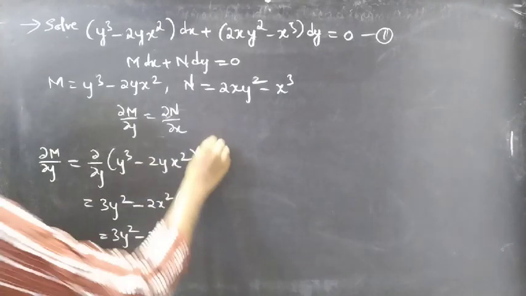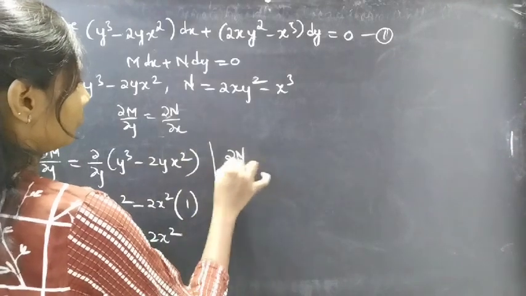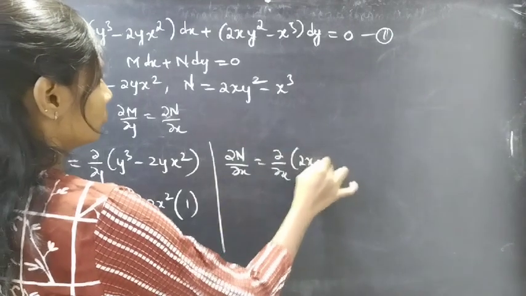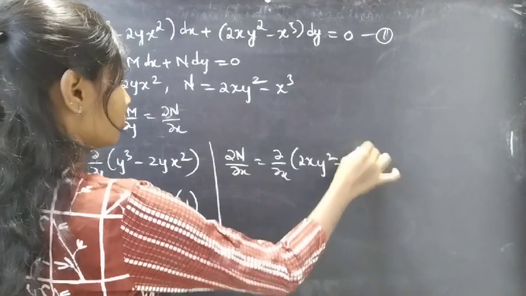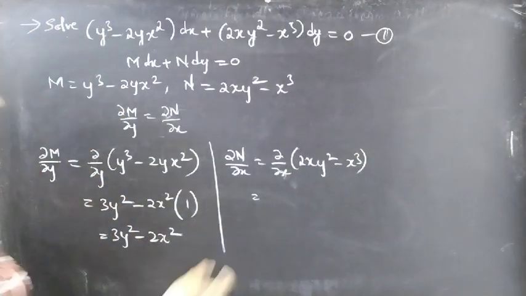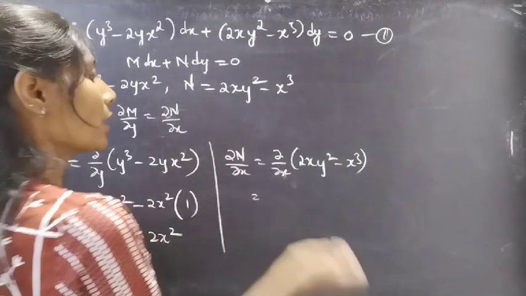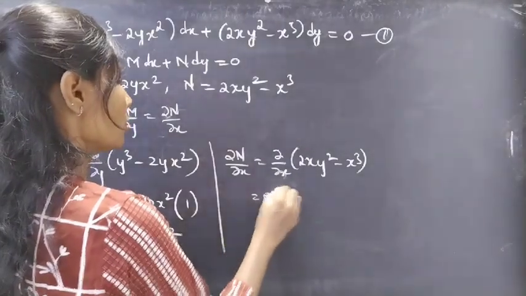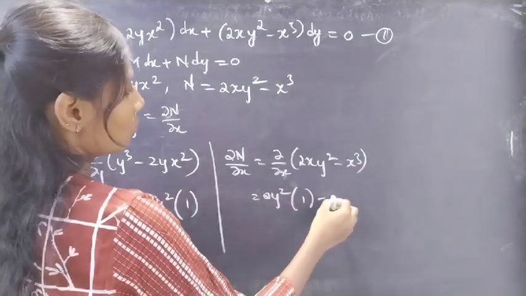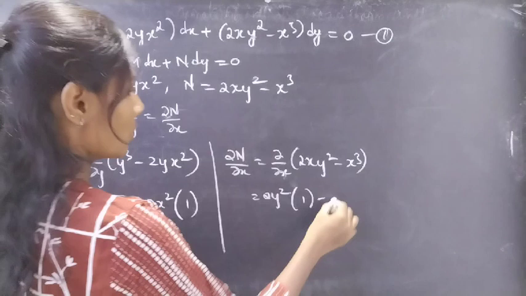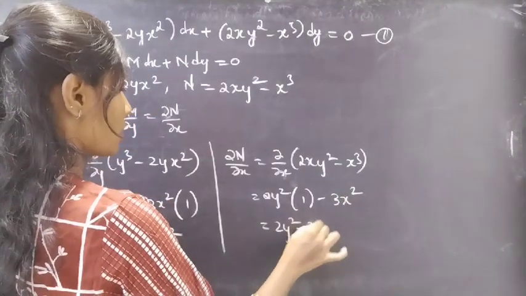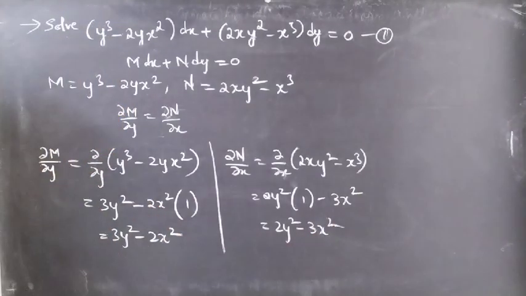Let's now find the partial derivative of n with respect to x. Since it is a partial derivative of n with respect to x, we'll treat y as constant. You'll get 2y square into derivative of x with respect to x is 1 minus partial derivative of x cube with respect to x is 3x square, which gives us 2y square minus 3x square.